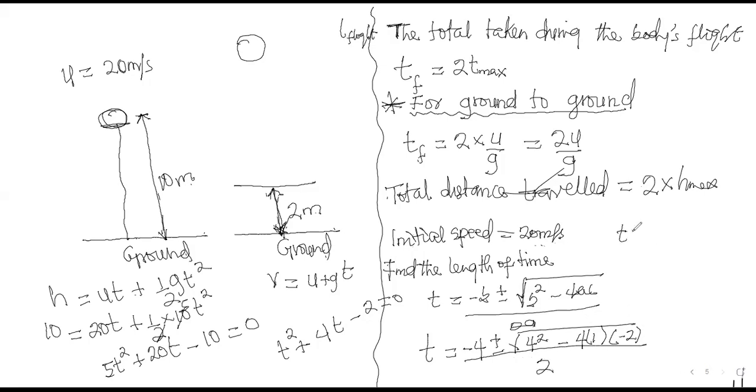So our T is equal to negative 4 plus or minus the square root of 16 plus 8, divided by 2. We are not interested in the negative because there is no negative time.